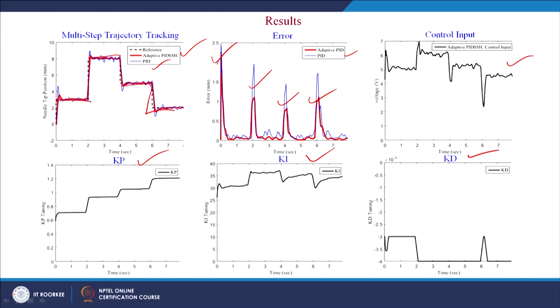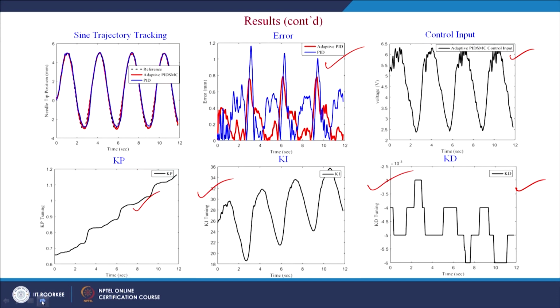Why? Because we are highly interested in having very small movement. We do not want a very quick response from the system, because we are going to insert this needle inside the flesh tissue, so the needle insertion should not harm the healthy tissue.